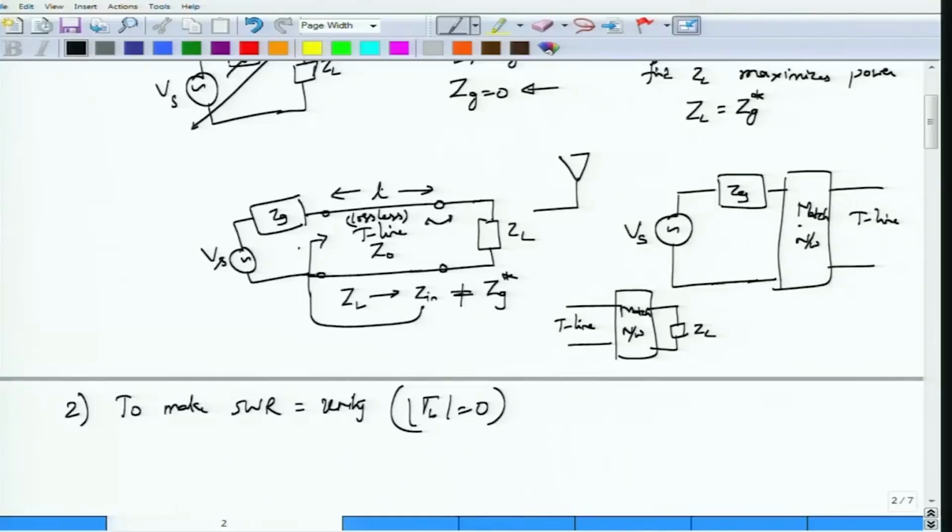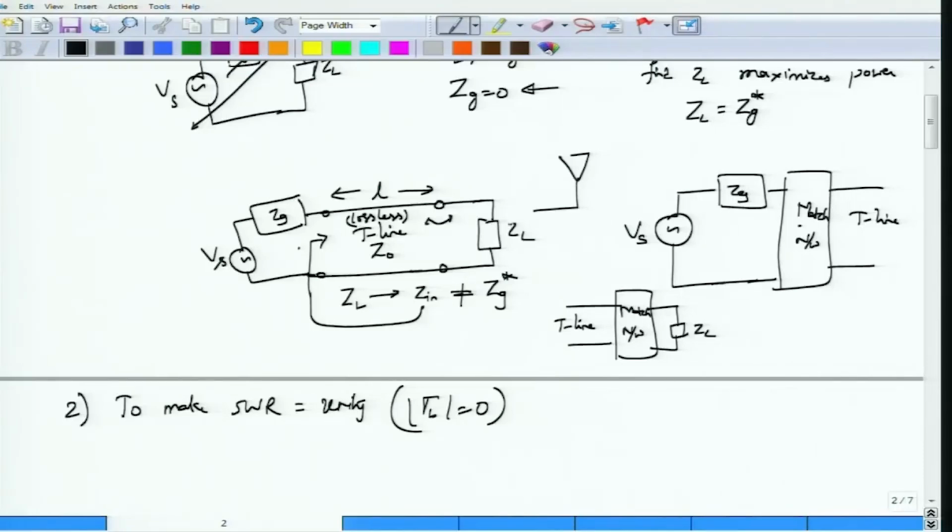On the other hand, when SWR is unity, the input impedance seen will be completely independent of the length of the cable. It would be equal to Z0. If SWR is almost equal to 1, remember SWR will always be greater than 1, but in the lower limit, if it is very very close to 1, then the input impedance seen will be very nearly equal to Z0 and independent of the load that you connect, and this is something that you want.